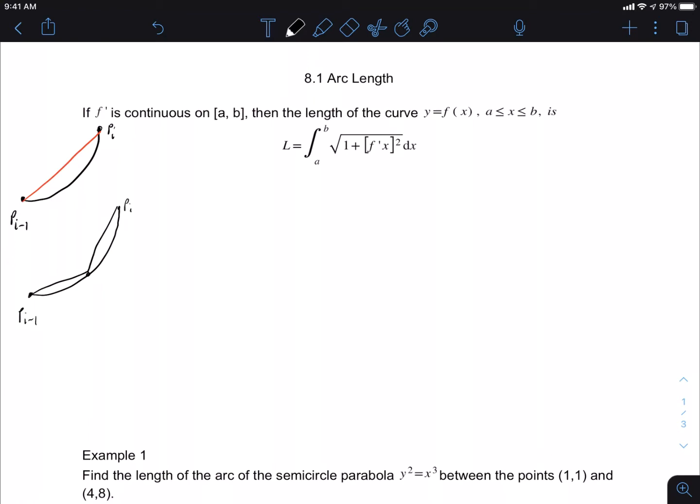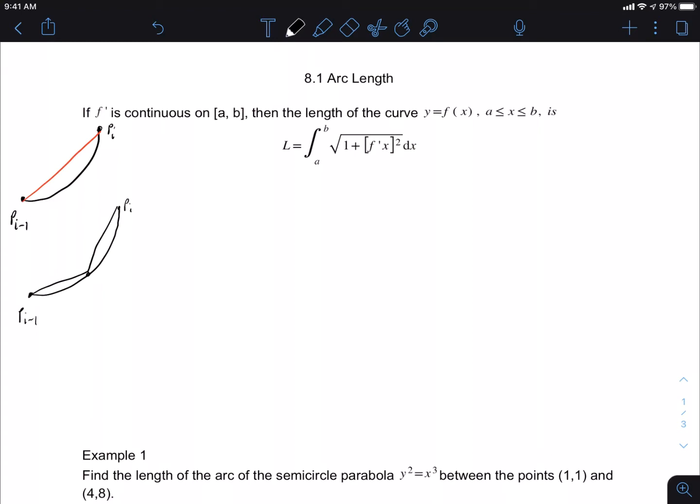Well, we can do an infinite number of these, and guess what ends up happening to our approximation of the arc? It becomes super accurate, right? Does that make sense to you? Okay, so here's the math behind it.